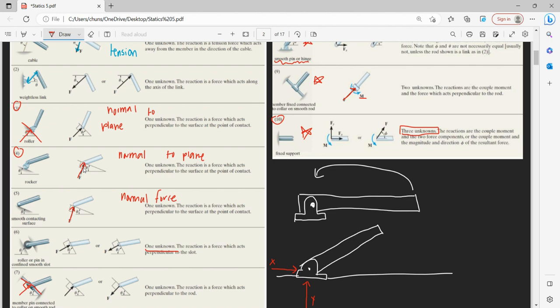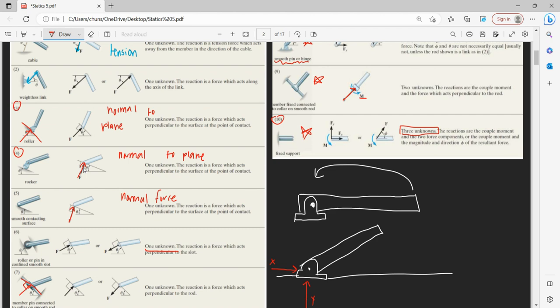So fixed support, since you can't move it, so if you had, I guess, like a coat hook fixed to your wall, you can't move it and slide it up higher in the wall. You can't slide it to the right of your wall, and you can't rotate it, right? At least if it's secured properly.